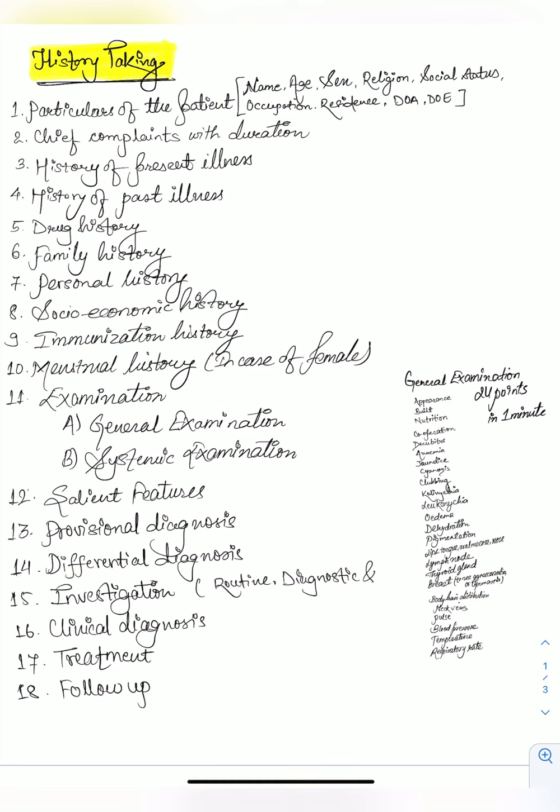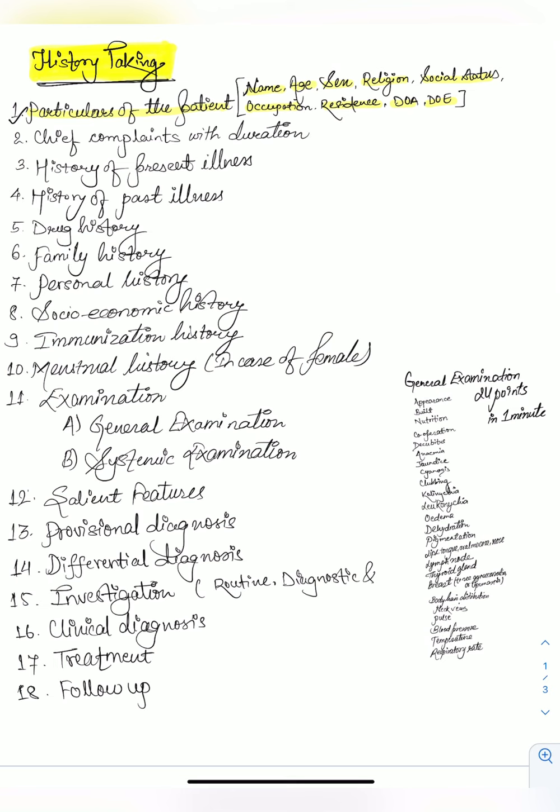First of all, the first point of history taking is particulars of the patient. The particulars of the patient include the name, age, sex, religion, social status, occupation, residence, date of admission and date of examination. These points are very important because according to age, sex, religion, social status, occupation and residence, various diseases occur.